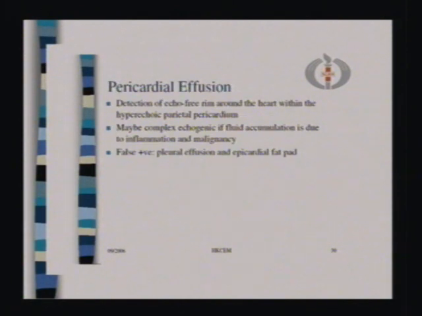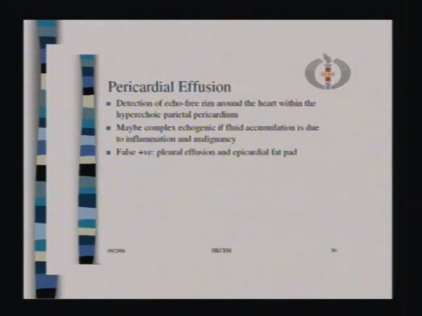How do you detect pericardial effusion? Normally there is an echo-free rim around the heart within the hyperechoic parietal pericardium. It may be complex and echogenic: if fluid accumulation is due to inflammation or malignancy, it may not be completely echo-free, because pus or any other fluid, inflammation or malignancy can make it more echo-dense.